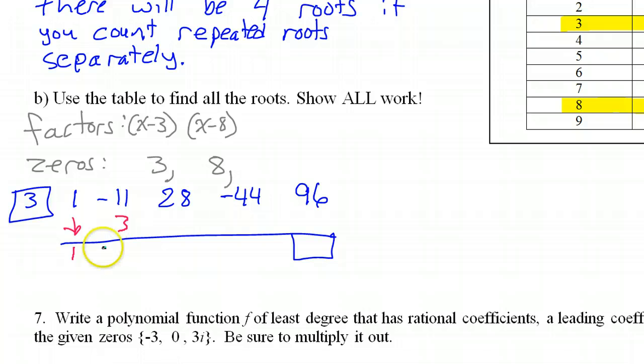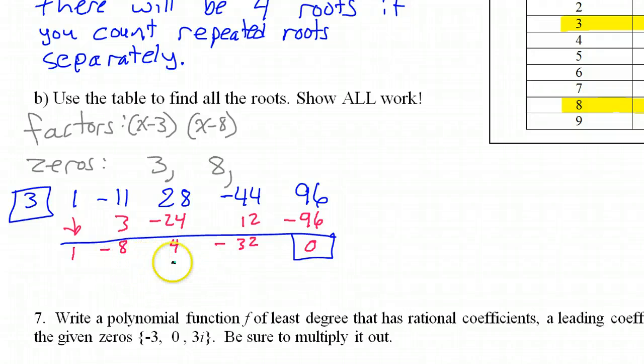Okay, so that's going to be 3, negative 8, negative 24, 4, 12, negative 32, and negative 96.